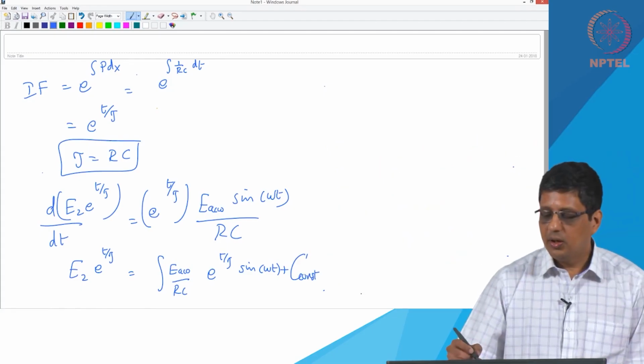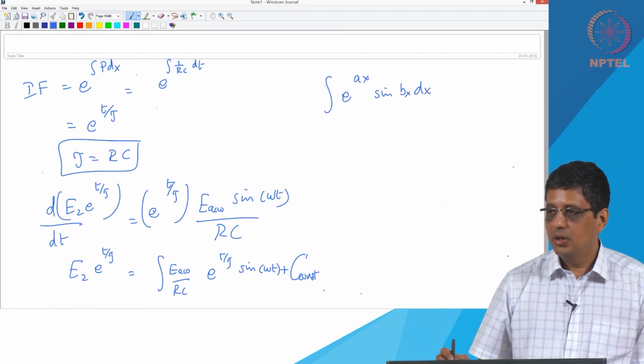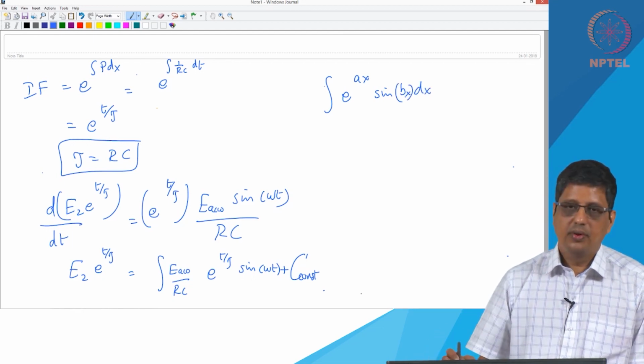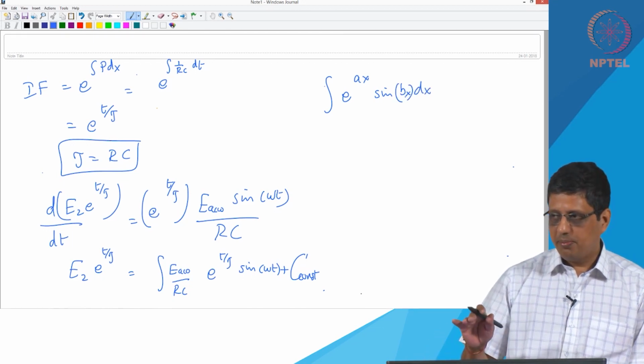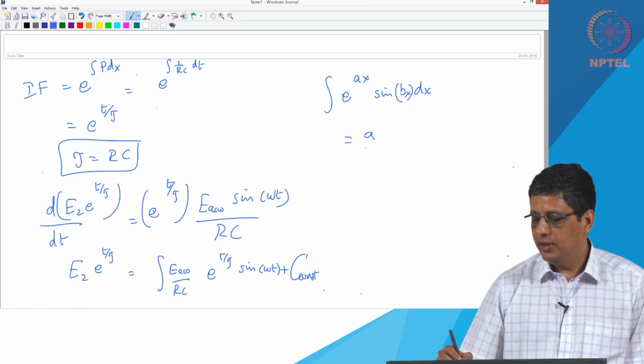You can look at the equation of integrating e power ax sin bx dx. You can do integration by parts. Right now just take it for granted that this equation will give you an answer like this.